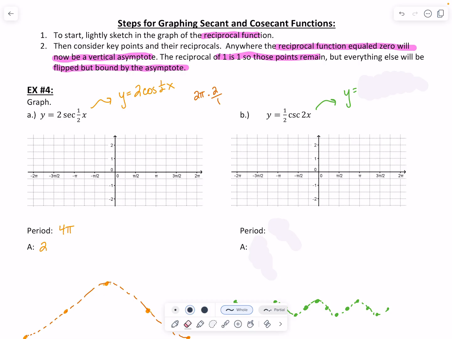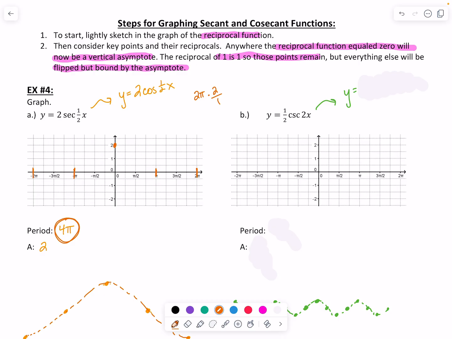All right, so let's lightly sketch our cosine graph. Normally our cosine would start at 1, but this time our amplitude is 2, so I'm going to start at 2. Remember, I'm going to go all the way here to make half of my cycle or my period. So then here would be the other half, right? And then I need to go from negative 2 pi all the way to positive 2 pi, my 4 pi, where I'm going to have my whole period, my whole cycle go through.